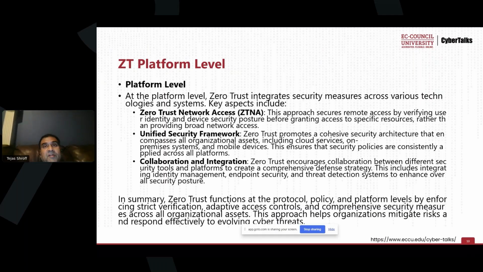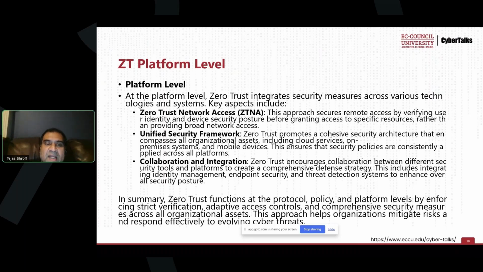Now, things will get even worse when you are going across critical infrastructure, across the OT systems. That's where a lot more complexities will get added. So you need to make sure that whatever you are doing, you have a comprehensive, end-to-end strategy.